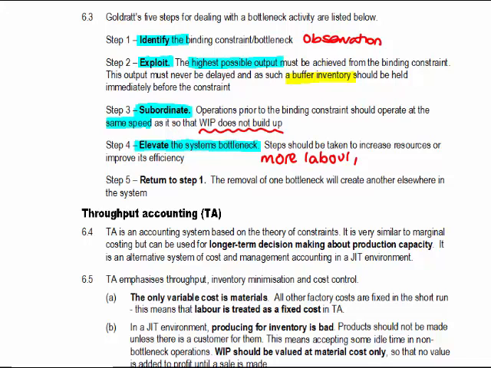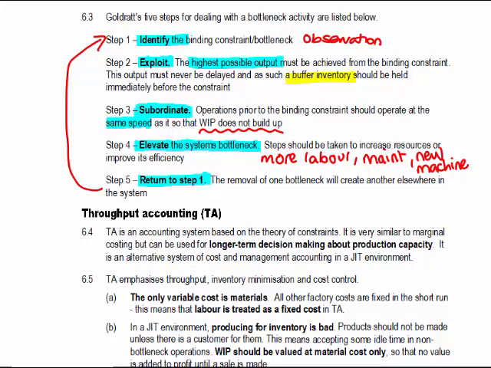Maybe we have to do some maintenance on our machine, or maybe even buy a new machine in order to elevate this bottleneck activity. Now, once we've done that, we basically go back to the beginning, because now that one's no longer operating at the slowest, another process will be operating at the slowest. So we do it again with the next bottleneck.